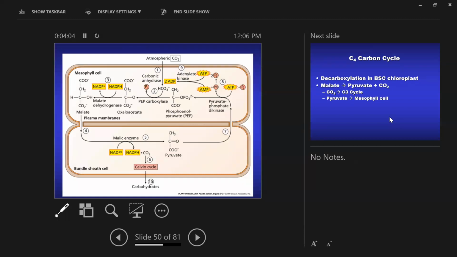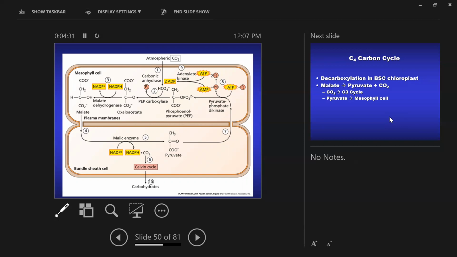And again, you know, the first step is something you should know, what kicks it off, what enzymes are involved. And then like the different stages. So we talk about carboxylation as the first step. And then the decarboxylation is actually the second step when you have the malate coming in and moving into the bundle sheath.